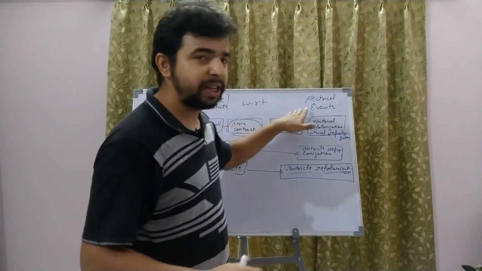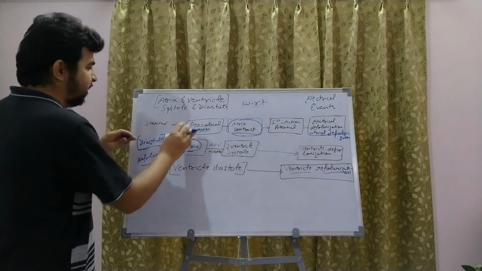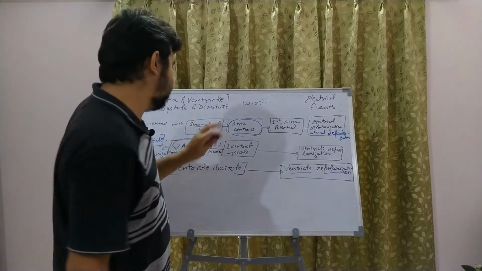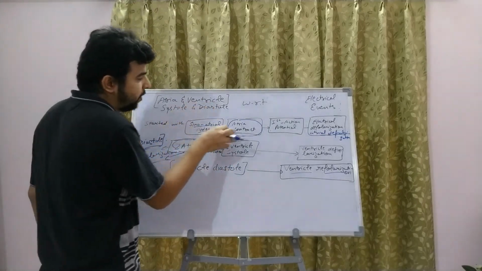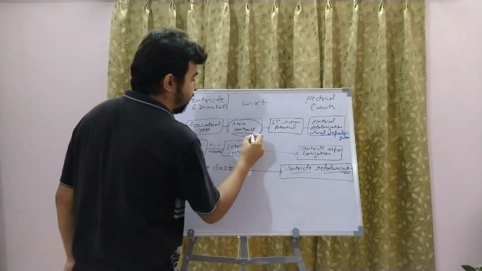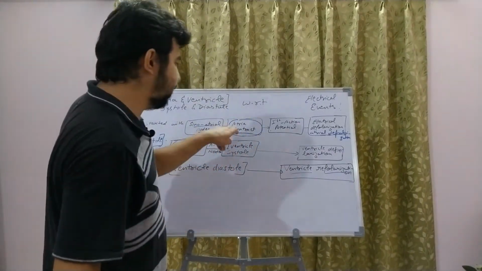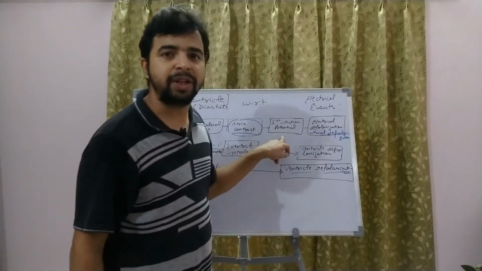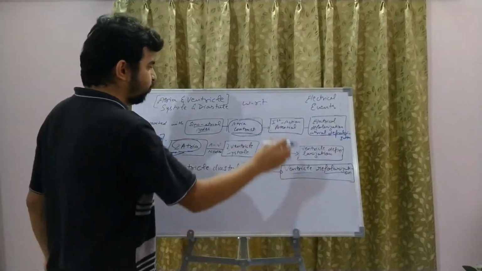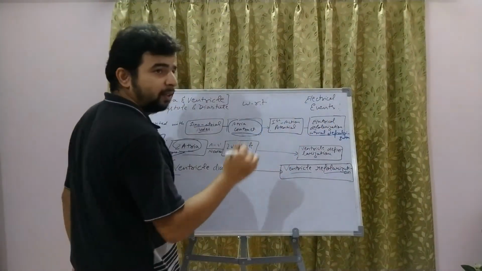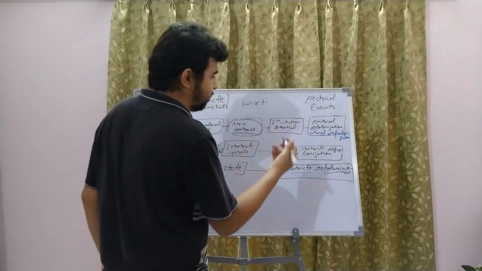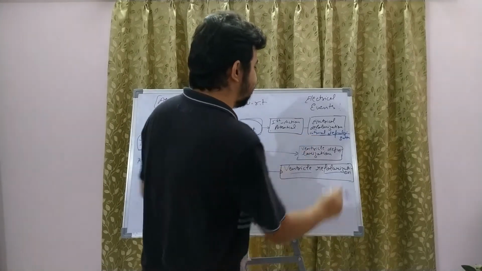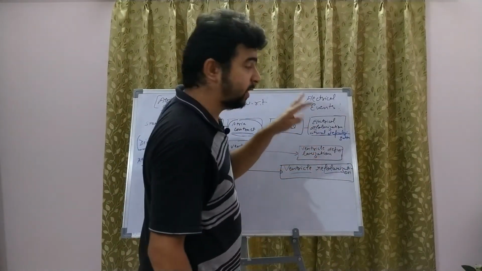So here is the relation. Everything starts with the sinoatrial node, and through the sinoatrial node, when blood enters the atria, they contract, and due to atrial contraction the first action potential is generated. Due to those signals the electrodes pick up the signal, and we can see that atrial depolarization is seen.